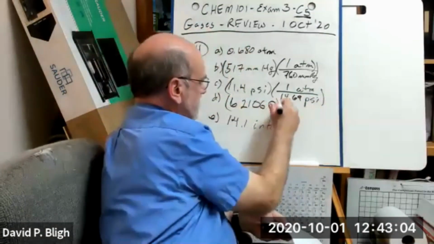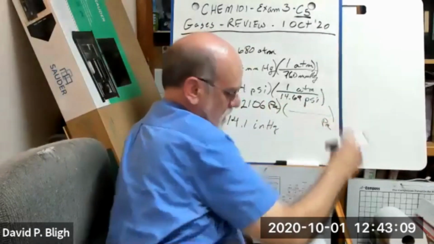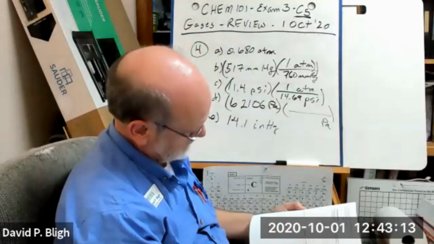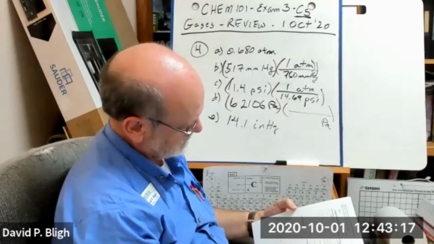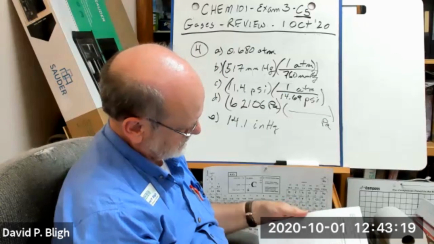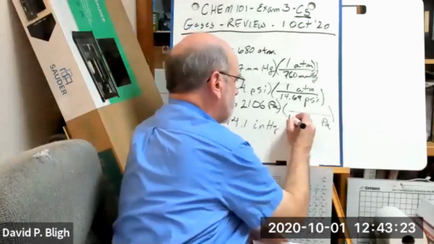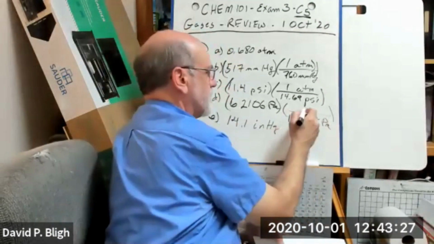Pascals. I don't have that one memorized. I'm pretty sure it's in your useful information. So over here on the left, yeah, 1 atmosphere is 101,325 pascals per atmosphere.